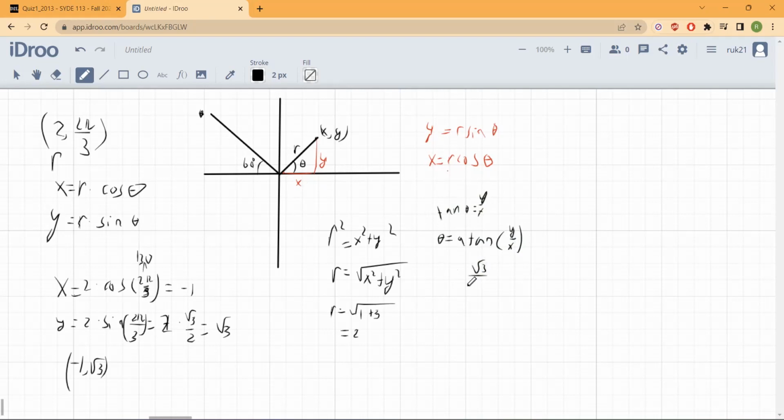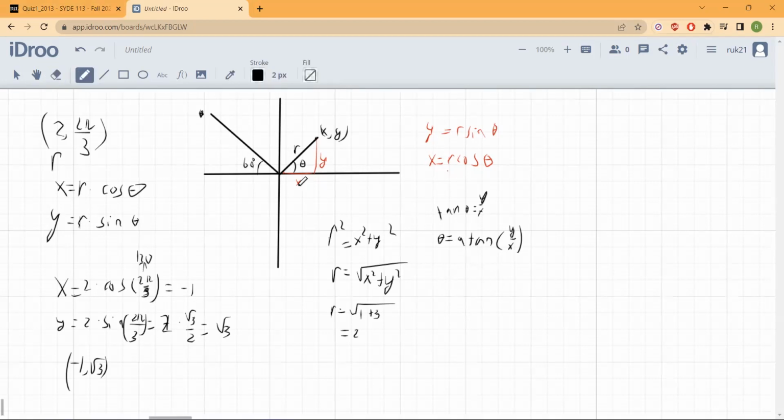And so then that would be root 3 over -1. And so of (-1, root 3), you can see that it's going to be right over here. And so arctan of, so what I was going to say is that you know that this is happening in the second quadrant. That's the better way to do it. So let's scratch that.